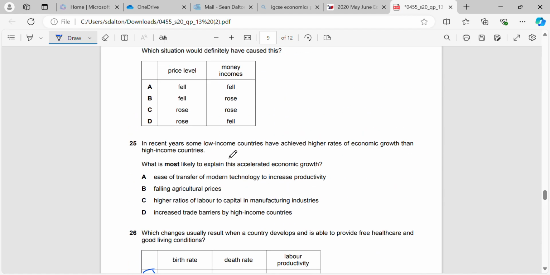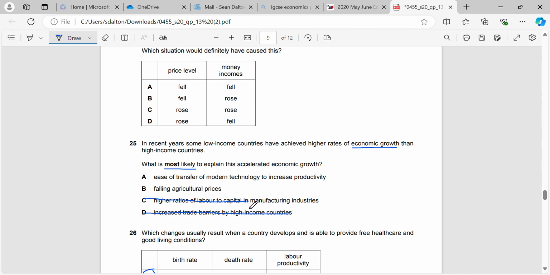In recent years, some low-income countries have achieved higher rates of economic growth than high-income countries. What is most likely to explain this accelerated economic growth? Okay, increased trade barriers by high-income countries. That's possible, but it's unlikely to explain why low-income countries would be growing faster than us. Higher ratios of labour to capital in manufacturing industries, that would not explain it.